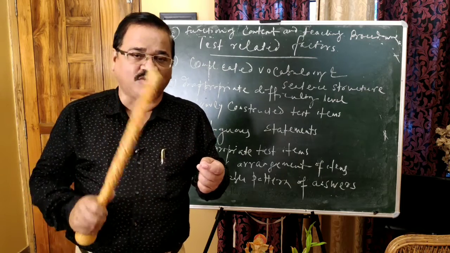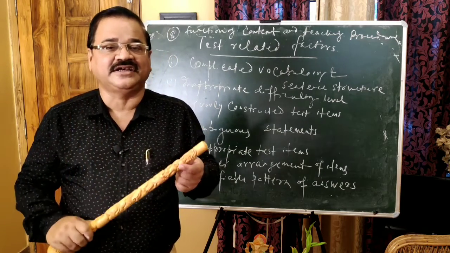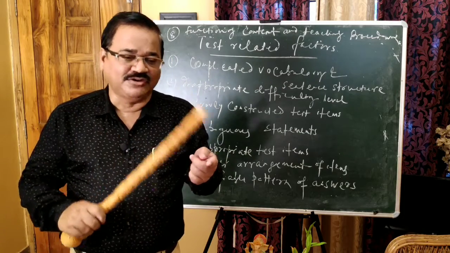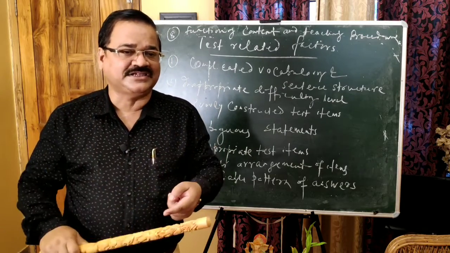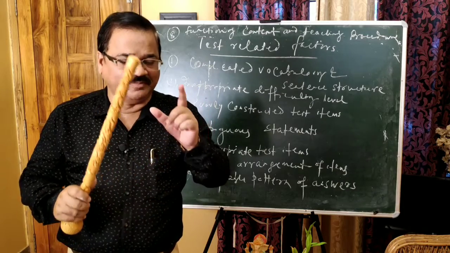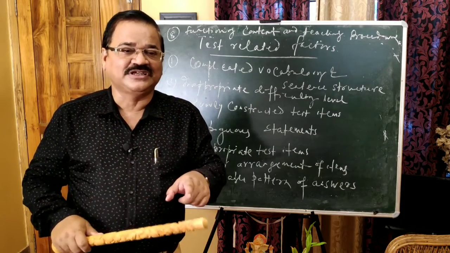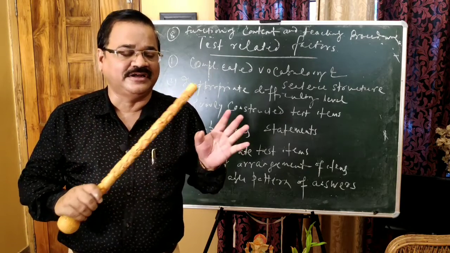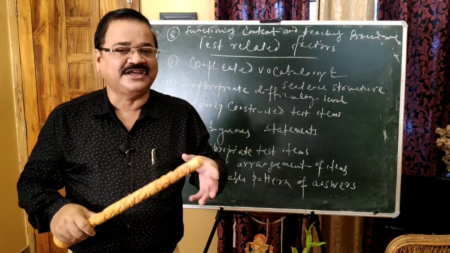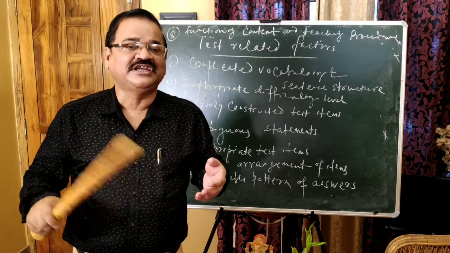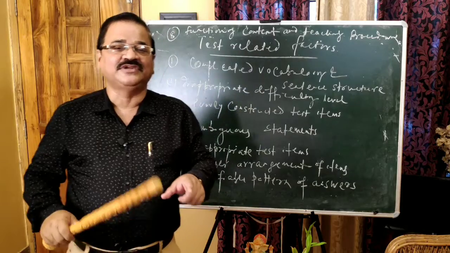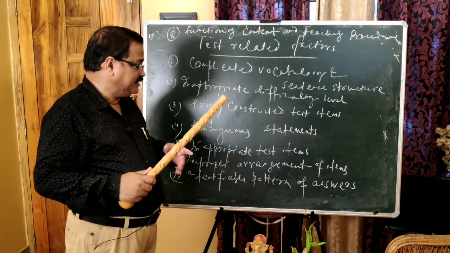So in question number 1, A is the right answer. In question number 2, A is the right answer. In question number 3, A is the right answer. So the child will predict that perhaps in all cases A is the right answer. So without knowing the answer, what will he do? He will put a tick mark against all A items. So this is a very, very poor item. Such items should be discarded.